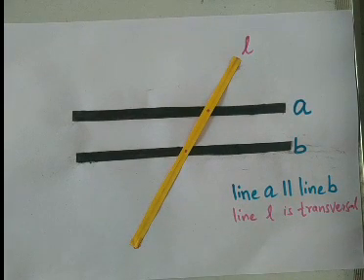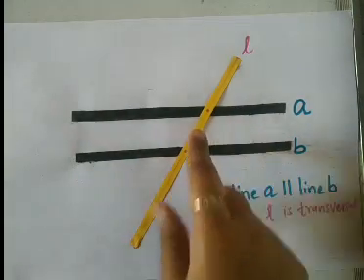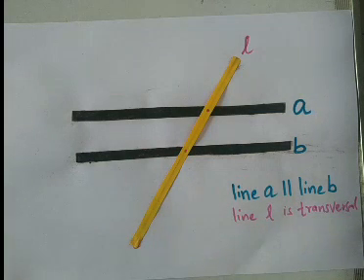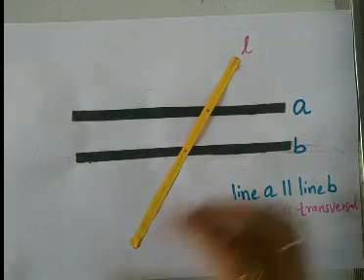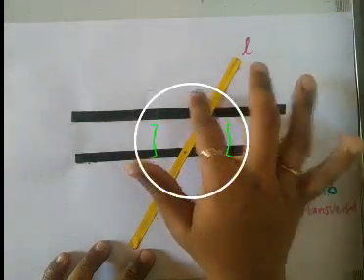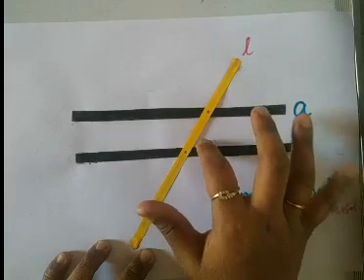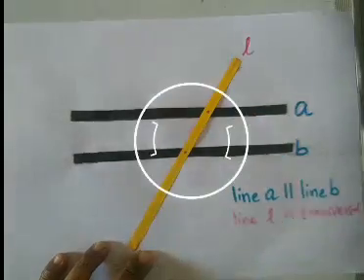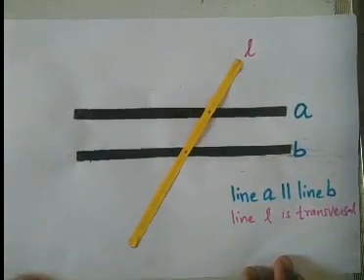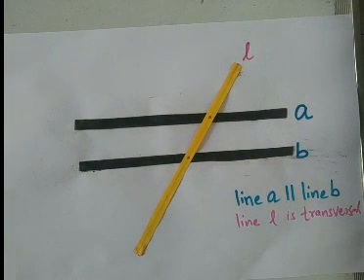Now if you observe, because of this transversal line, a total of 8 angles are forming. 1, 2, 3, 4, 5, 6, 7, 8. So we are going to see the relationship between these angles.